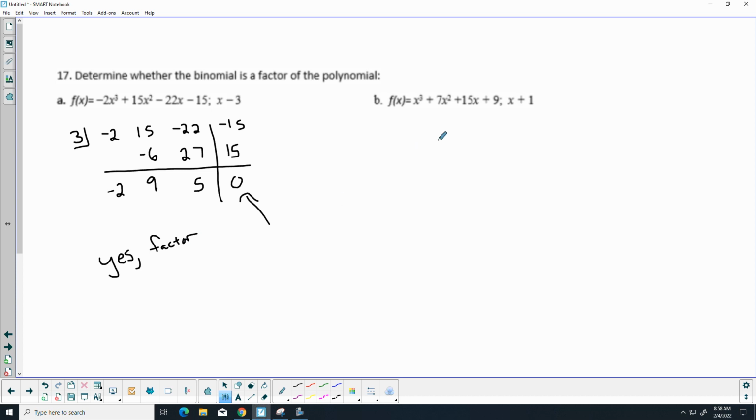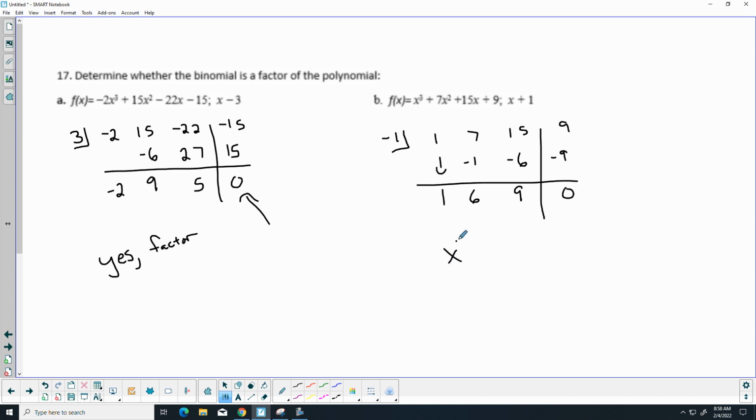Do the same thing with part B over here. Put negative 1 in the box. My coefficients are 1, 7, 15, 9. Bring down the 1. Multiply, add, multiply, add, multiply, add.